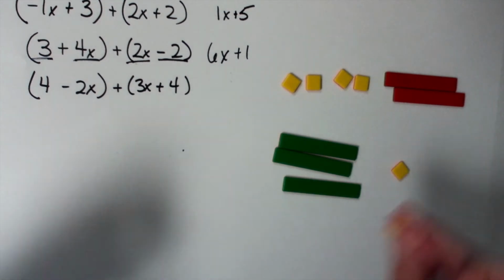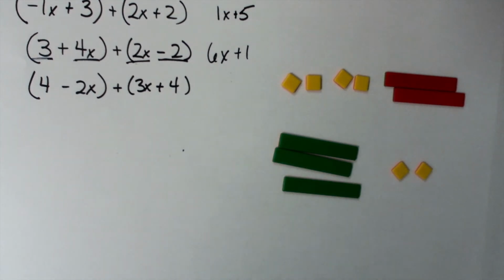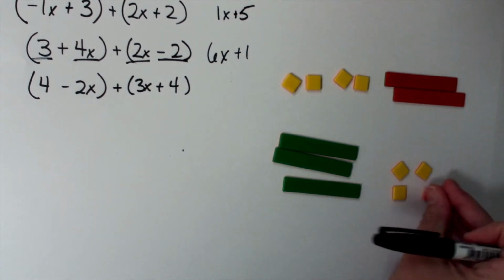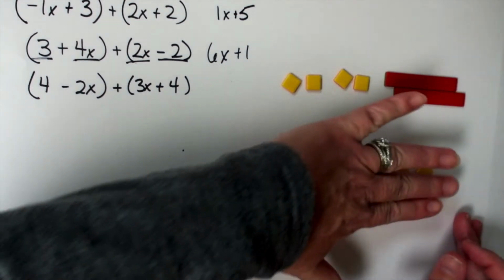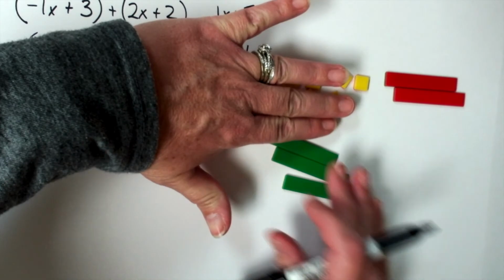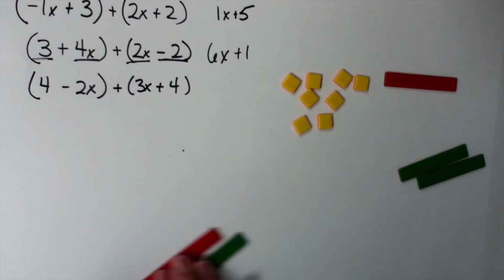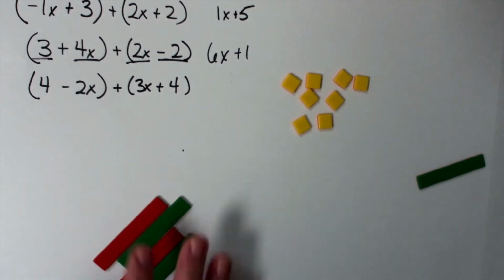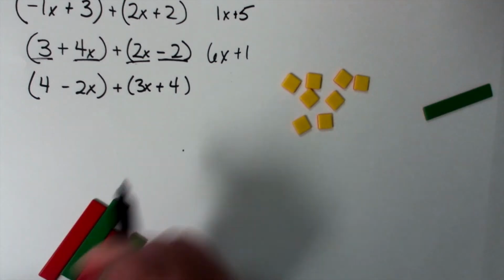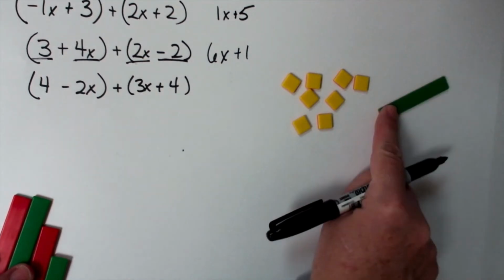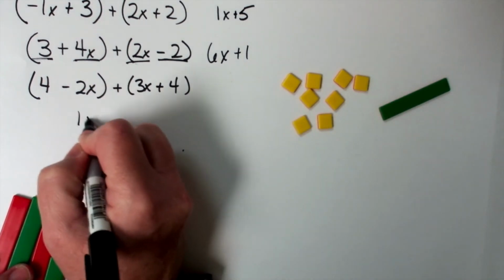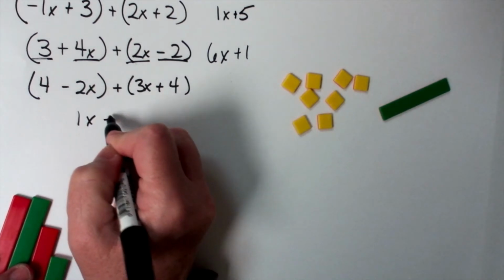Positive. Do I have any like terms? I do. I can move these together. Do I have any 0 pairs? I do. Positive, negative, and a positive, negative. Move away. Now I have 1x, and it's positive, plus 8.